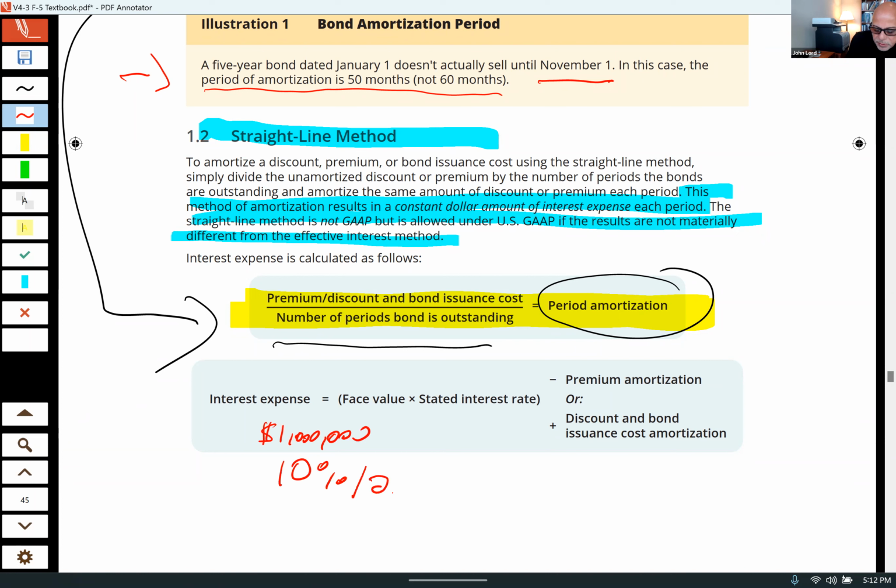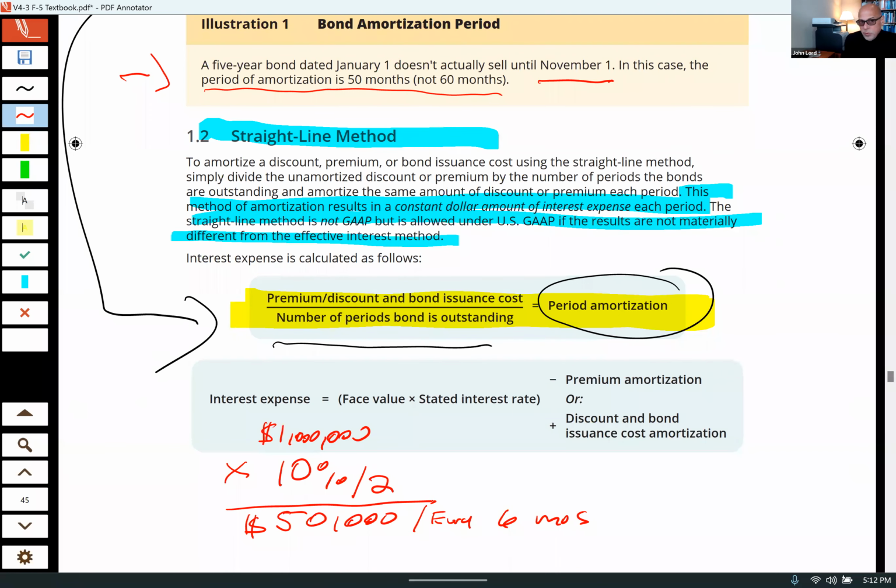Since it was a semi-annual bond, we divided that by 2. And so that meant that we had what? Cash interest of $50,000 every 6 months. Now, that number doesn't change. The way you calculate it is the same. For this bond, it would always be 50,000.